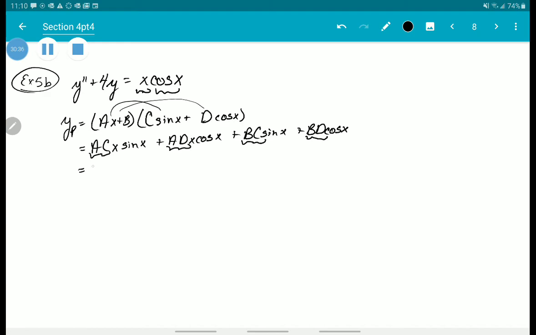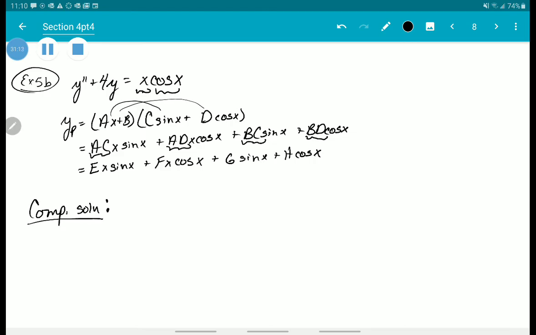So I could call it A1, B1, C1, D1, or I could just call it E, F, G, H. Now, this one does have sines and cosines. We need to look at that complementary solution.